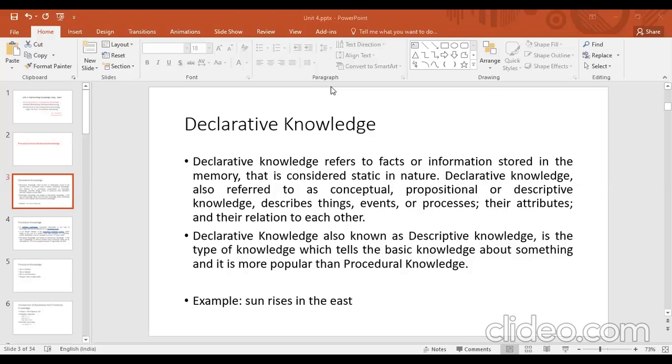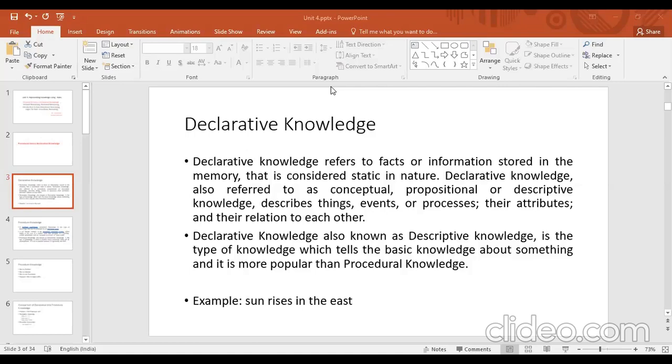Suppose you are given a task to find the optimal path to reach from PP Savani College to Surat. You have basic knowledge regarding distance, cost required and so on. Declarative knowledge is based on this type, which requires some basic information or the truth regarding your problem. The example is: the sun rises in the east.